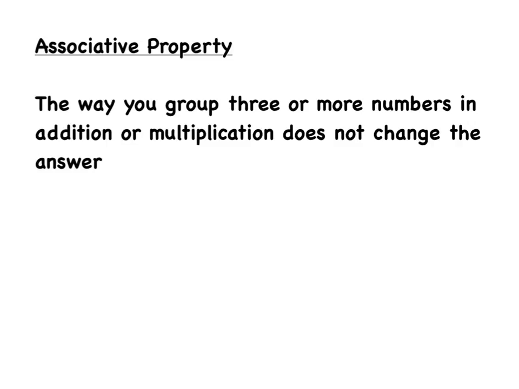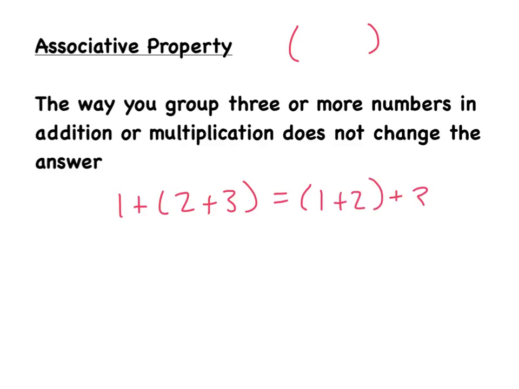The associative property basically states the way that you group 3 or more numbers in addition or multiplication does not change the answer. The associative property deals with parentheses. So for example, 1 plus parentheses 2 plus 3 is also equal to, if you just move the parentheses, 1 plus 2 plus 3.